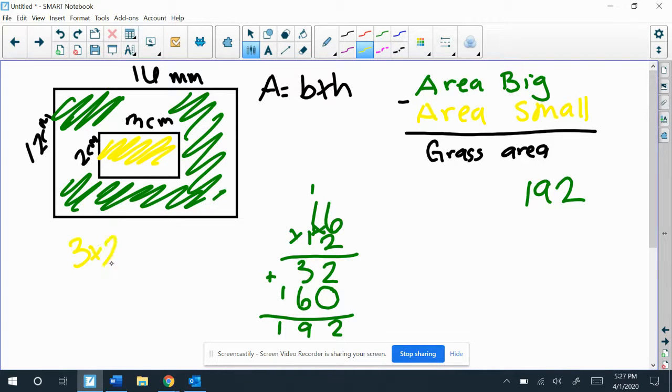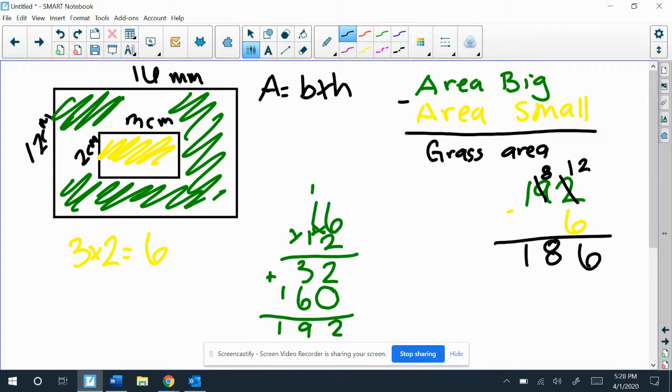Now I'm going to find the small area. 3 times 2. Well, that's math facts. 3 times 2 is 6. So my small area is 6, and all I have to do is subtract them. 192 subtract 6. Got to regroup. 12 minus 6 is 6. Bring down my 8 and my 1.